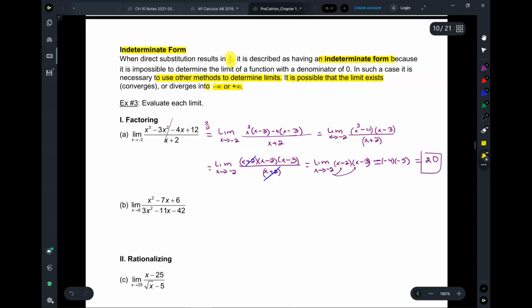Now, let's pause and look at our notation. As long as I was doing algebraic calculations, that limit symbol stayed.